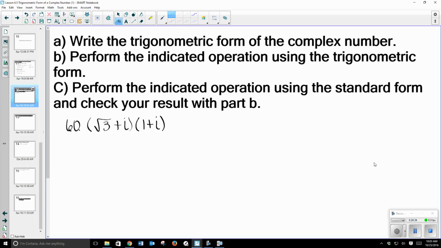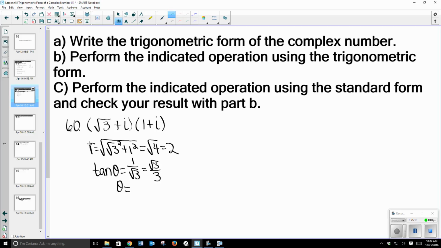Okay, for part A, to write the trigonometric form, we'll look at these one at a time. So, for this one, r would be the square root of root 3 squared plus 1 squared, the square root of 4, which is 2. And then the angle, tangent of theta is equal to 1 over root 3, which is root 3 over 3.